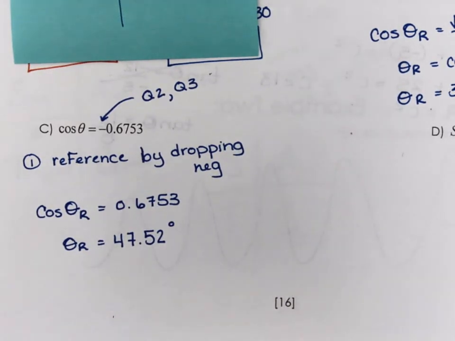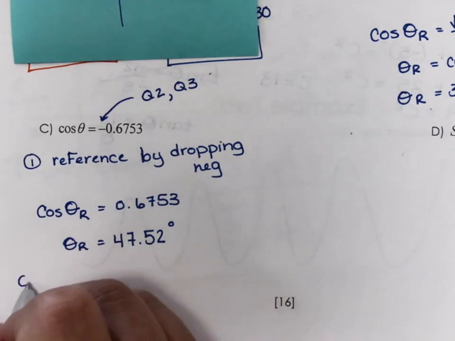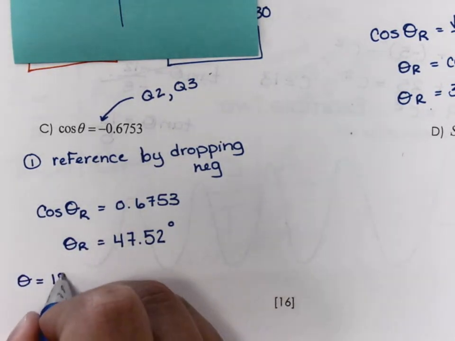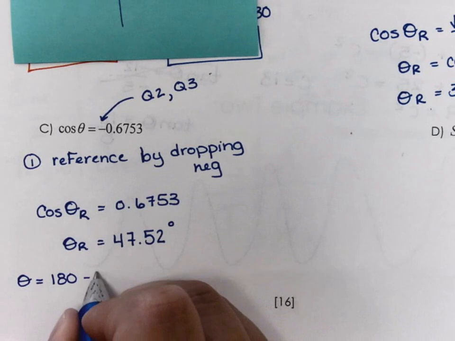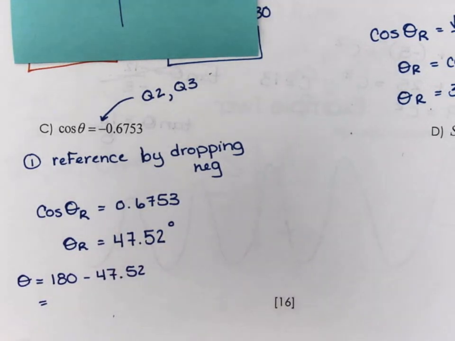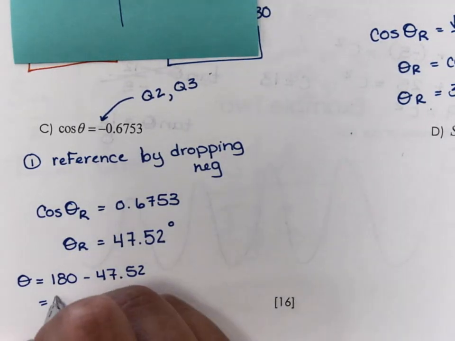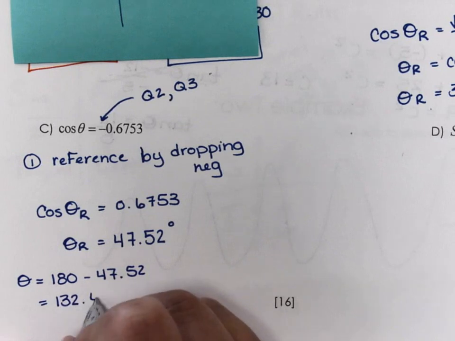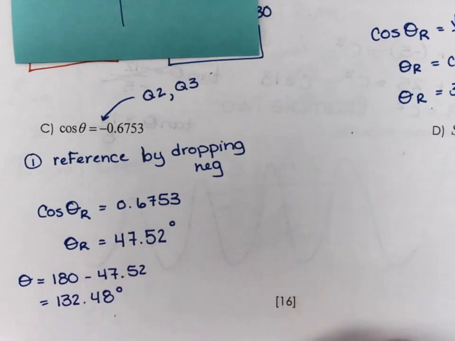All right, so the rule for quadrant 2, theta is equal to 180 minus theta reference, which is 47.52. I guess I could have done that in my head, but why would I? 132.48. See? I do it like you guys.